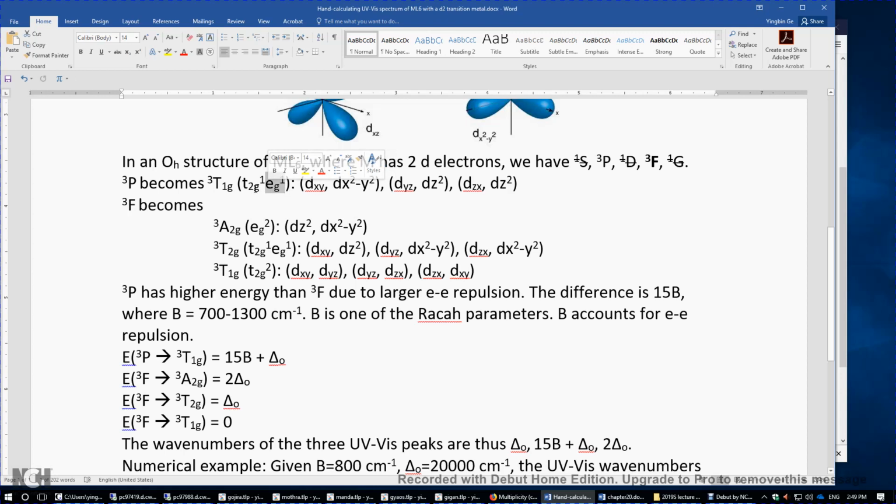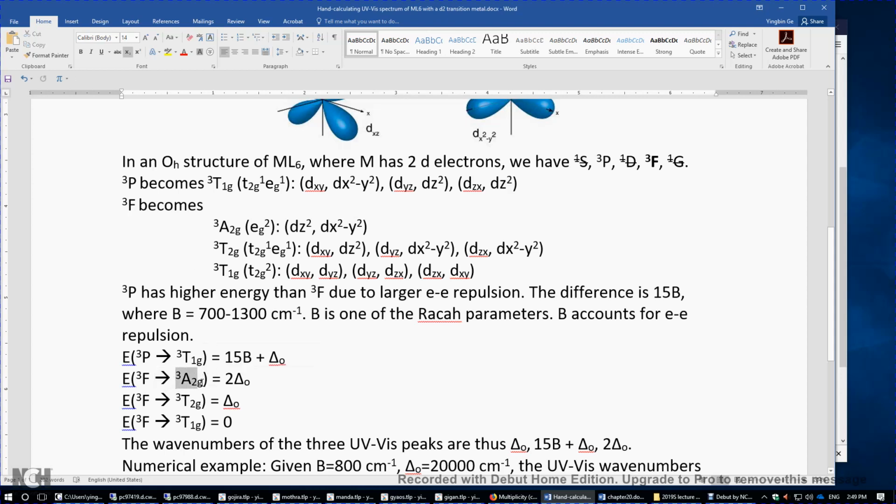By putting 1 electron in the eg orbital, we have additional delta O, that amount of energy, compared to putting the 2 electrons both in the t2g orbital. So we have one additional term here, 1 times delta O. There's 1 delta O because there's 1 electron in the eg orbital. All right, now let's look at this 3A2g.